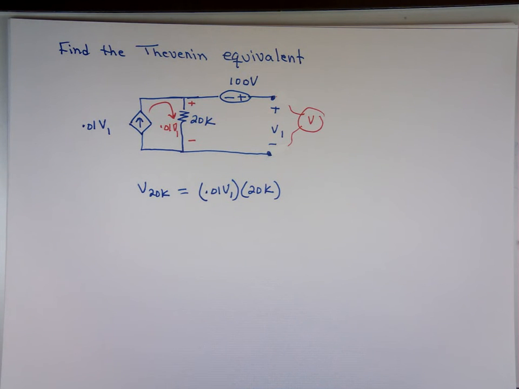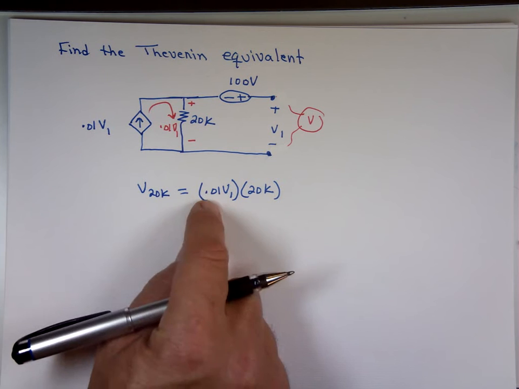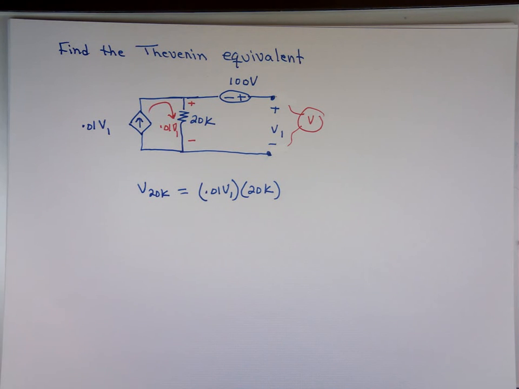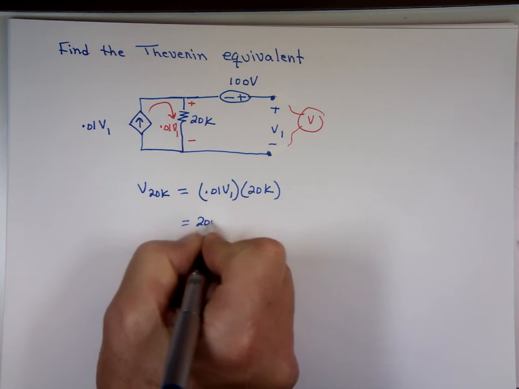Was it milli? Yeah. It doesn't say that value in milli, so we'll leave it as V1. V1 might be in milli, but there's no milli in the unit. So when you do the math, 0.01 times 20,000, what do we have? 200 V1.